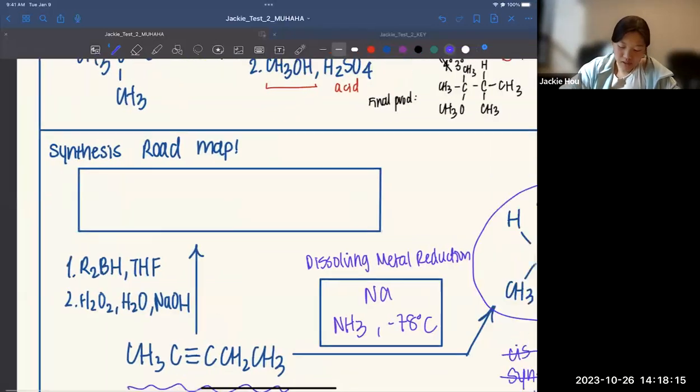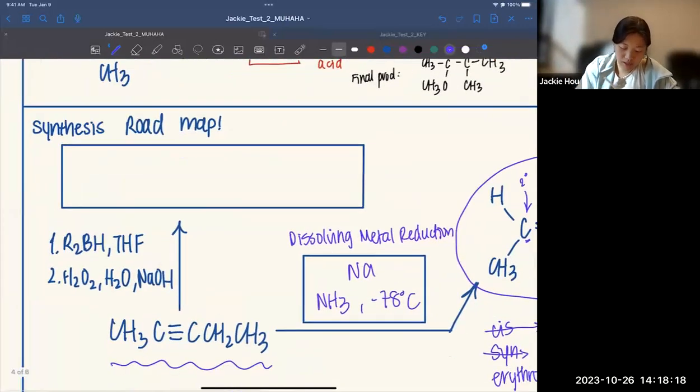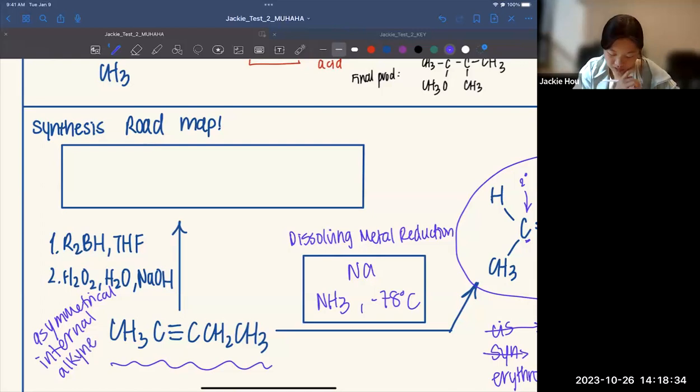And then lastly, over here, we see that we have an asymmetrical internal alkyne. Right, we have an internal asymmetrical alkyne.